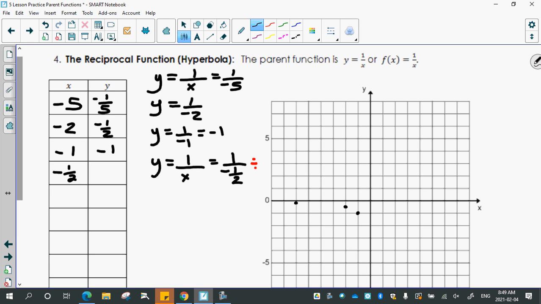Multiply by the reciprocal. Okay, so it's going to be 1 times -2 over 1, which is -2. Okay, because the bottoms are 1s. Try it on your calculator. 1 divided by -0.5. Or 1 divided by a bracket, -1 divided by 2 bracket, it's going to give you -2. So look at where you plot that. -1/2 is here. -2 is here. So it's going to be right in there.